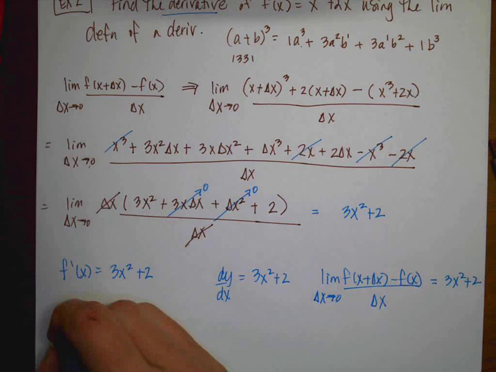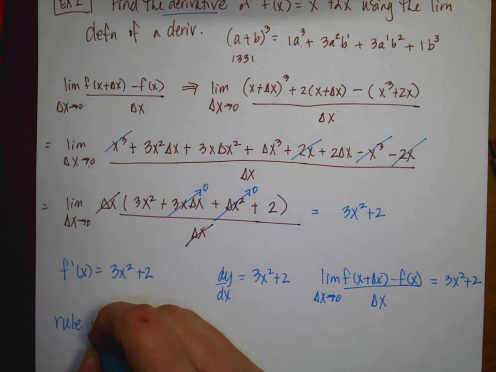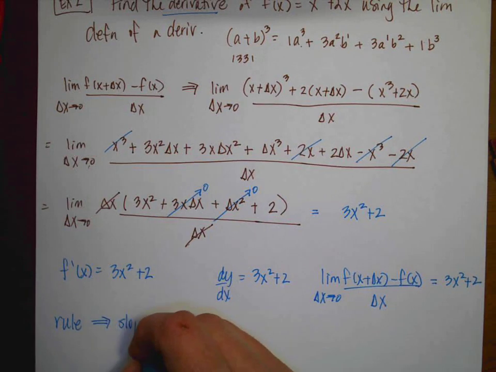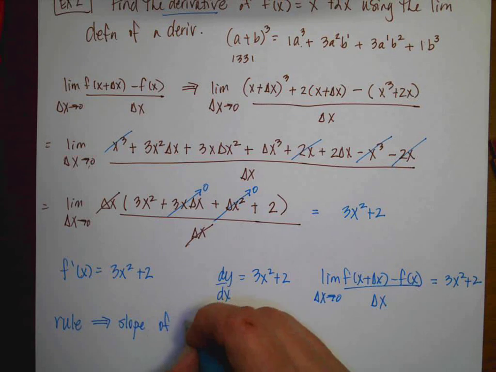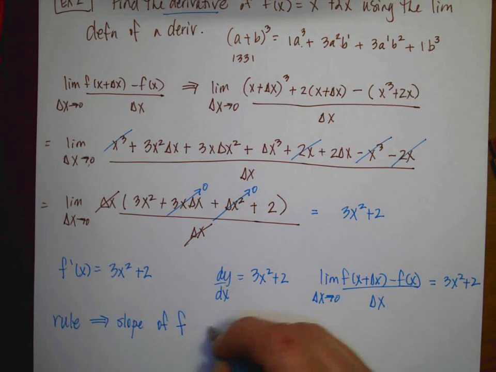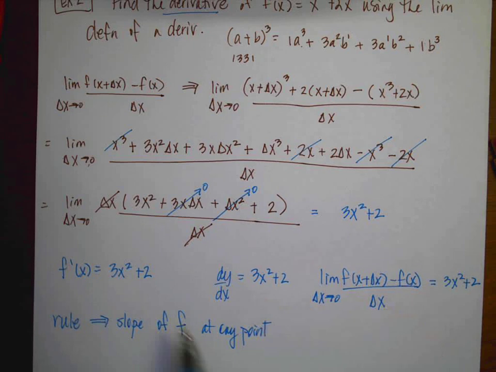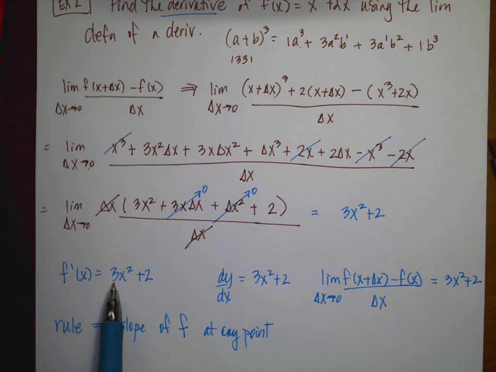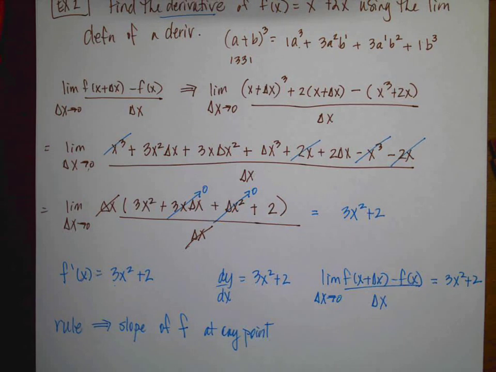And remember, just so you think about what we just found, we found a rule to calculate the slope of the function at any given point. This is the derivative that will allow us to take the slope of the curve at any point along the curve.